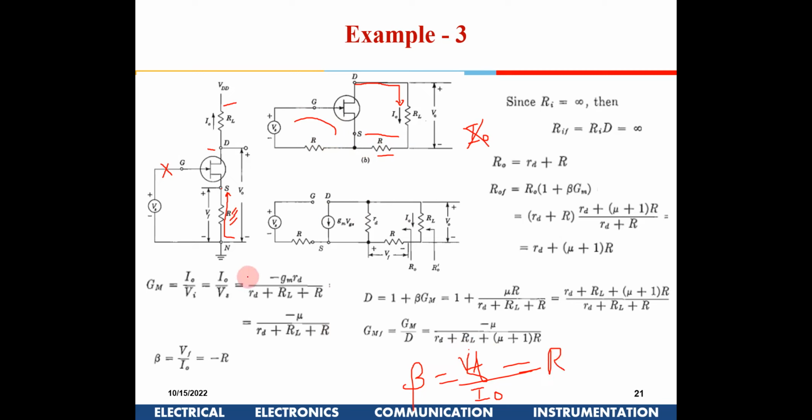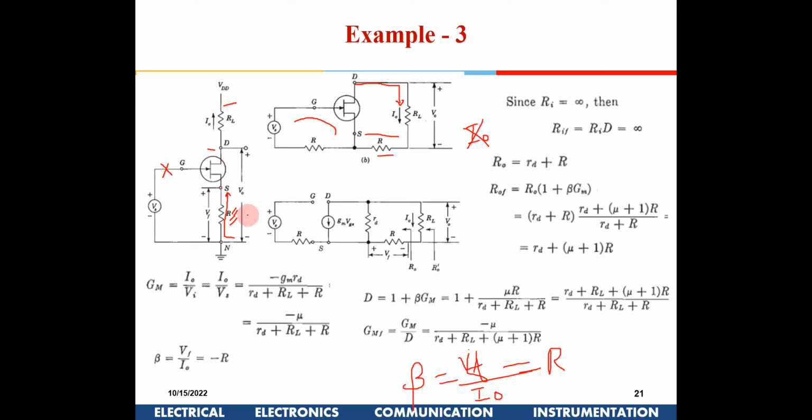Which point is ground here in the output circuit? Is the midpoint of RL and RL the ground? For the output circuit, if you try to put a ground, that might mislead you.